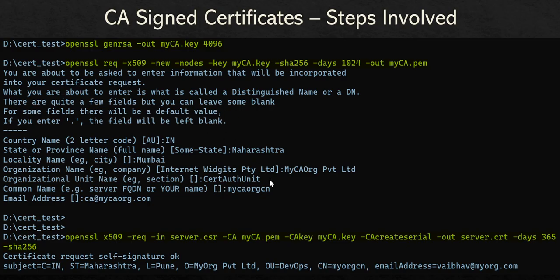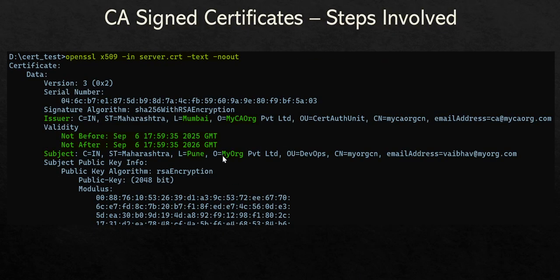But this time the password and all those things are not being asked. It then creates the myca.pem file for us, and then we are using this in the third command to create the certificate itself. I hope this is being followed.